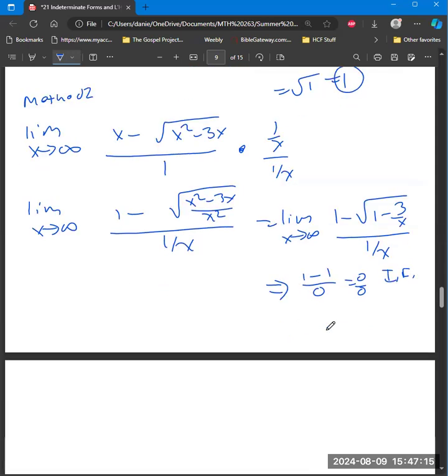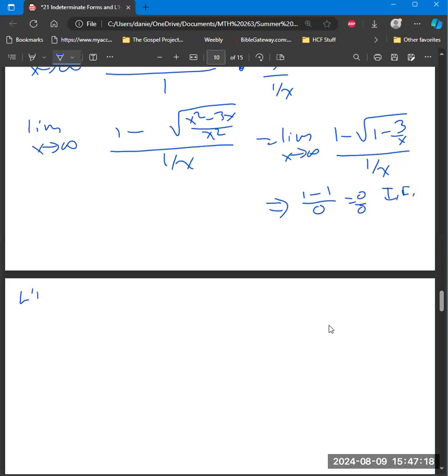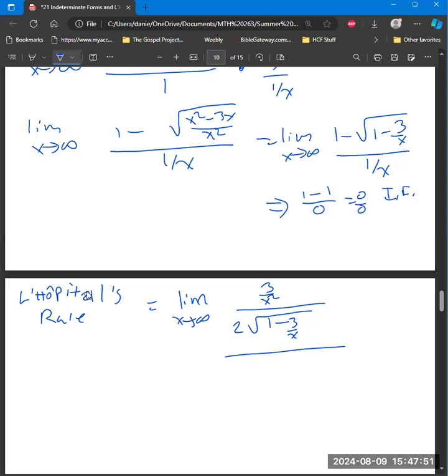Let's try L'Hopital's rule. And that limit will be, as x goes to infinity, this comes down here with a 2 in front of it. The derivative of what's inside is going to be 3 over x squared up there. This is a negative 1 over x squared.